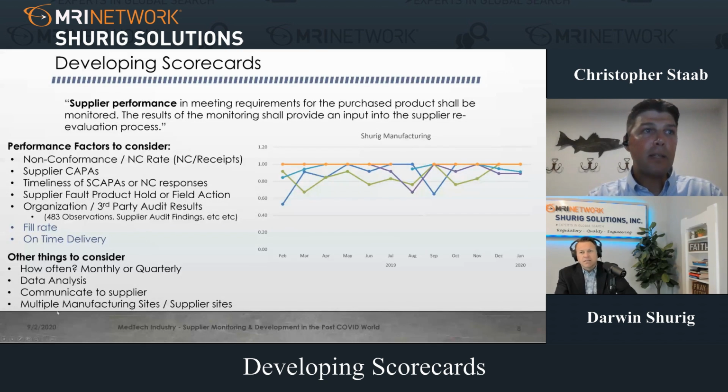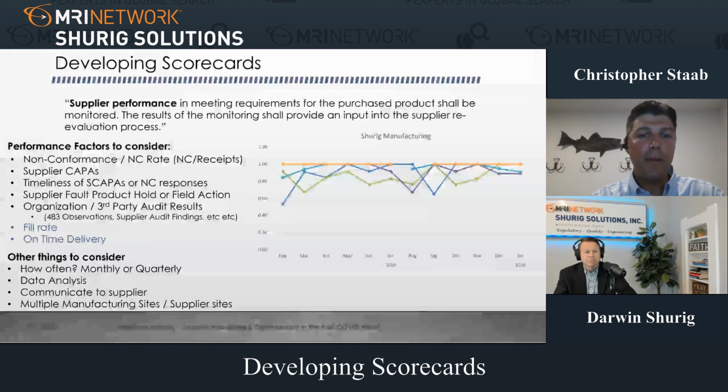That's the bottom bullet here: do you have multiple manufacturing sites? Does the supplier have multiple manufacturing sites? We have many suppliers where one of their manufacturing sites is awesome, 100% scorecards every month, and then their sister company is horrible. So you need to be able to break that data down to that level so that you can use these scorecards and make decisions off it.